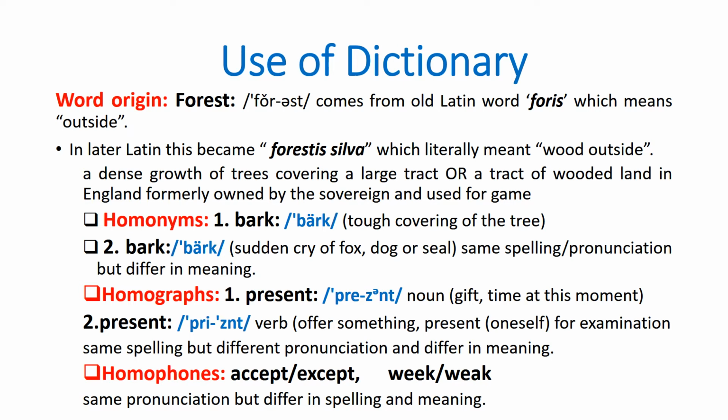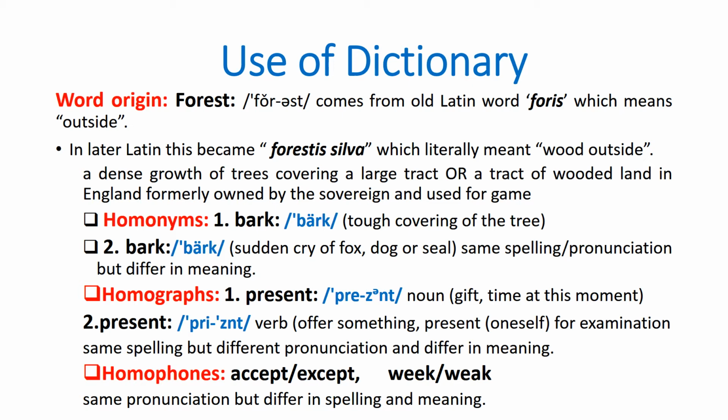The other thing that a dictionary tells us about is the homographs. Homographs are the words that have the same spellings but are different in pronunciation and also different in meanings. Like we have the word present. We can see it has the same spelling, present.